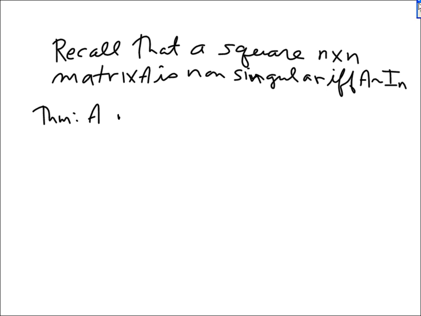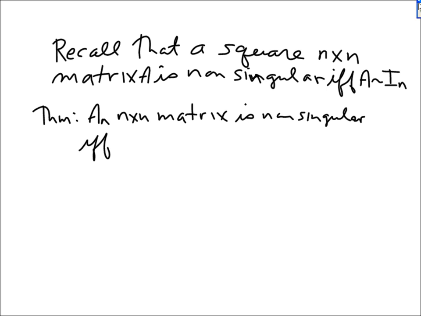So now we know that an n by n matrix is non-singular if and only if the rank of A is n. Because every time in an n by n matrix, if the rank of A is n, that means it has no rows of zeros.